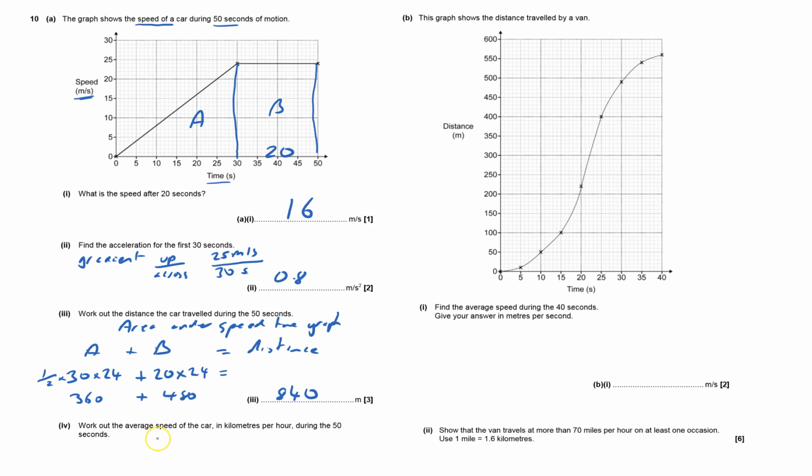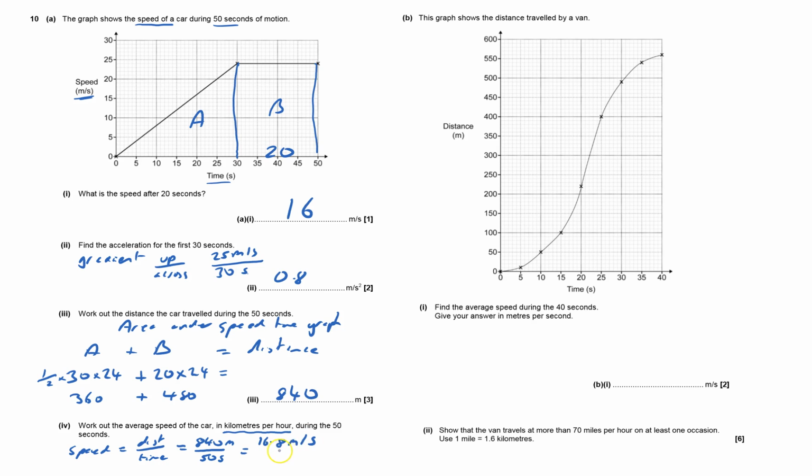I'm going to work out the average speed of the car in kilometers per hour. Good thing I've been looking at the units during the 50 seconds. So speed equals distance divided by time. And the total distance we've just worked out is 840 meters, and we divide it by 50 seconds. And 840 divided by 50 is 16.8 meters per second.